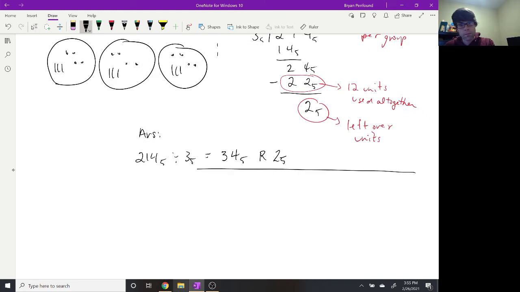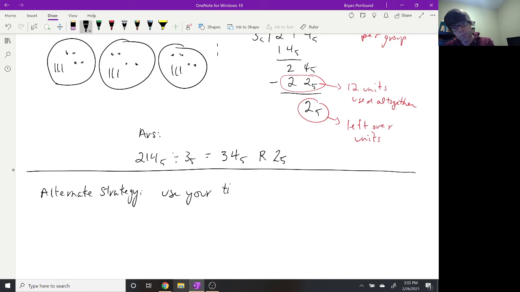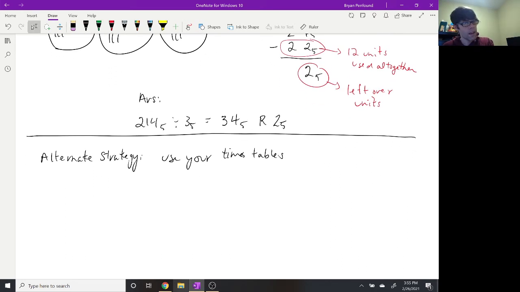So an alternate strategy is to use your times tables. So let's look at the example of 3, 4, 4, 3 divided by 1, 2.